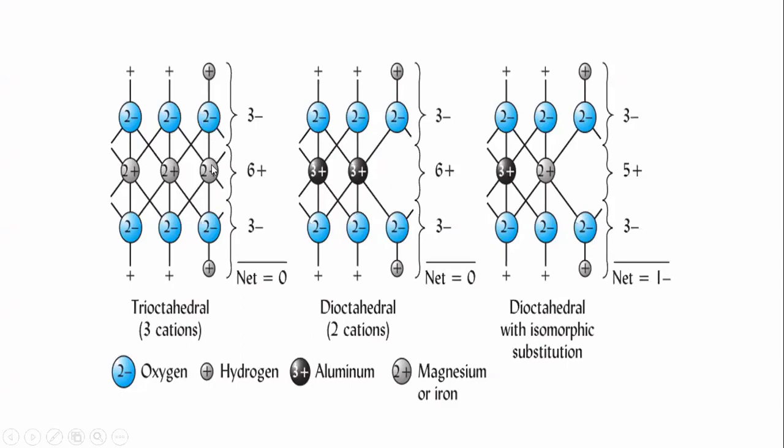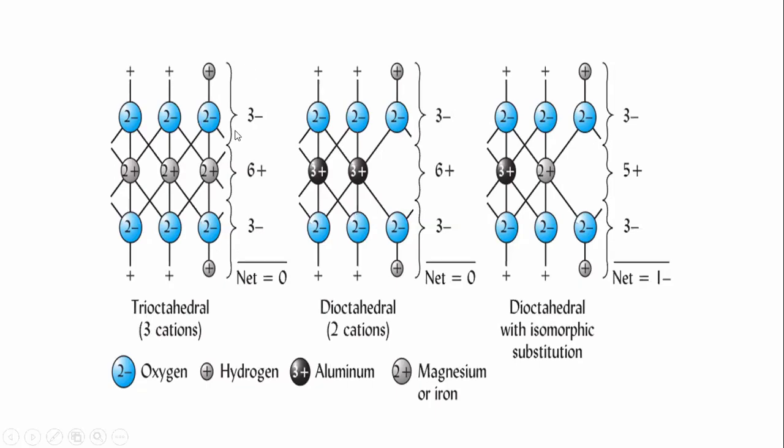Understand? So there are 3 net negative charges. Oxygen has 2 minus, so one is almost shared with the magnesium, and now it has 1. Likewise, 3 oxygen atoms have the 3 negative charge. Here also 3 negative charge.